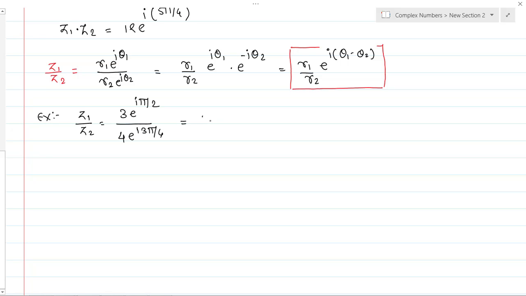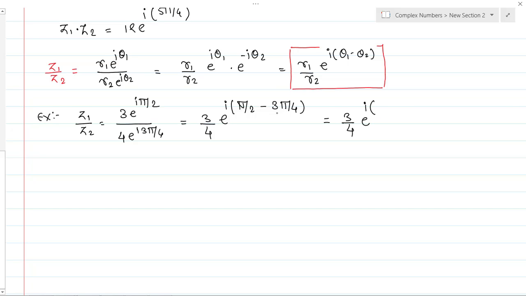This will be equal to 3 by 4 e raised to i (pi by 2 minus 3 pi by 4).